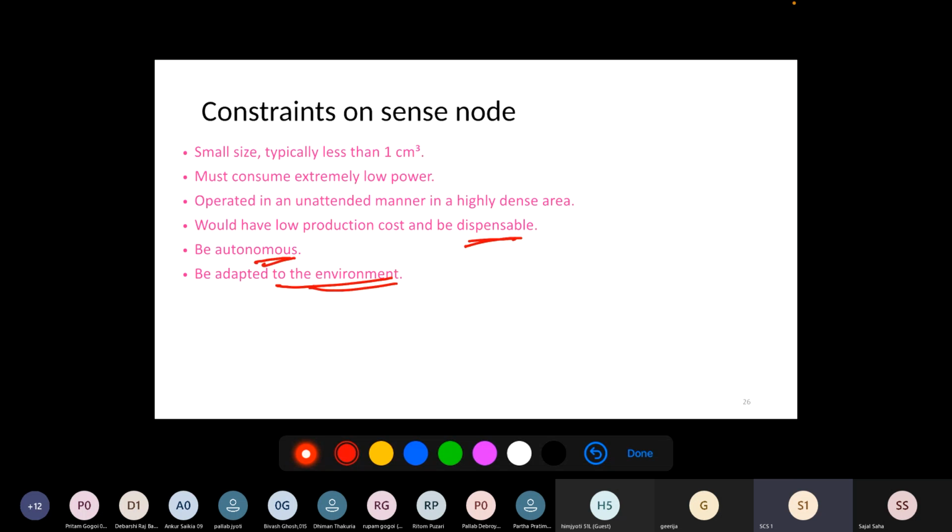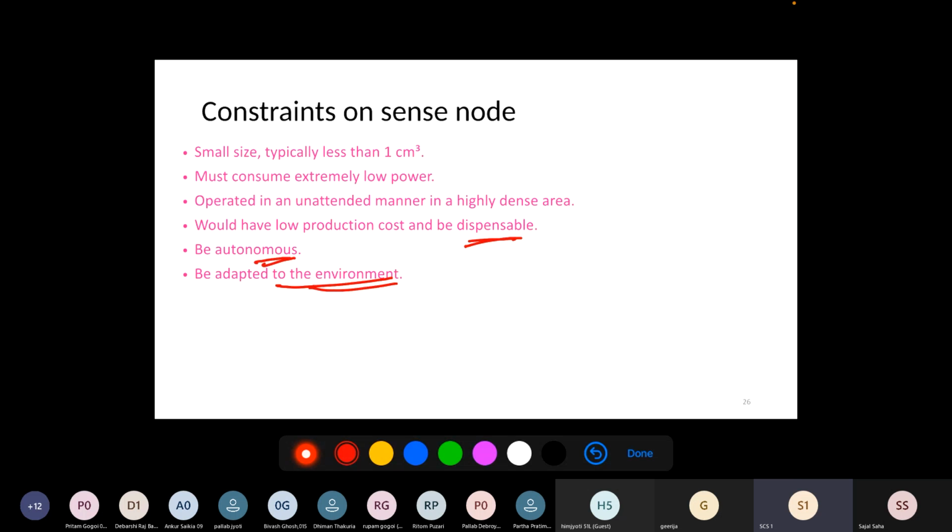Suppose I put them on Mount Fuji in Japan, where they try to get the actual data of the volcanic eruption, so at what time the volcanic eruption can happen.